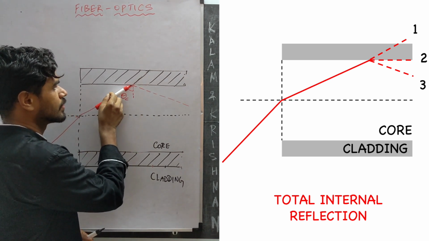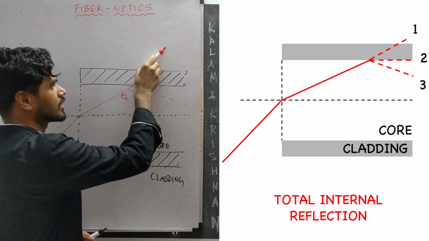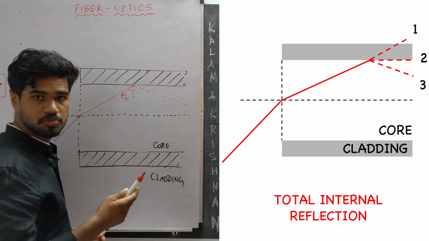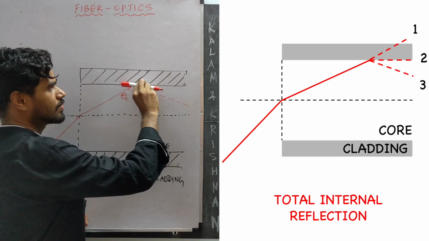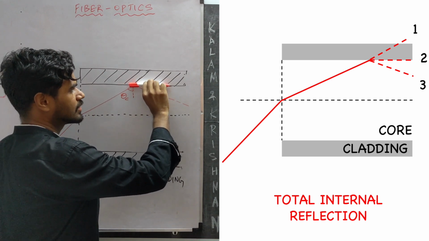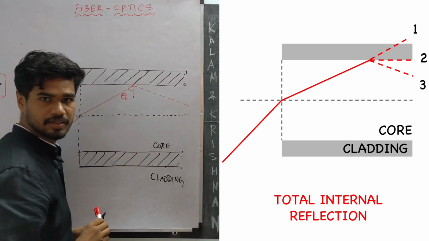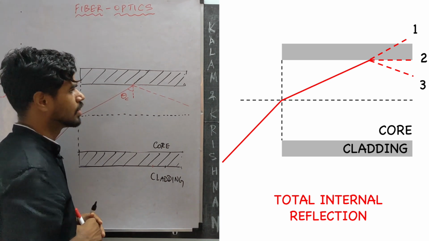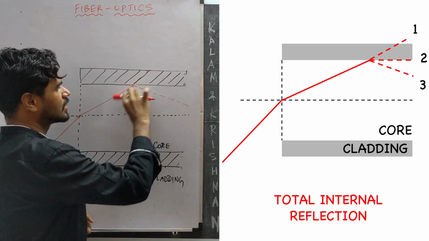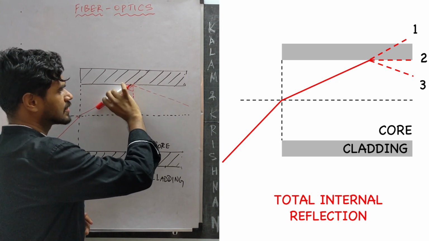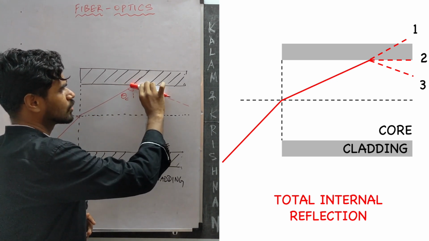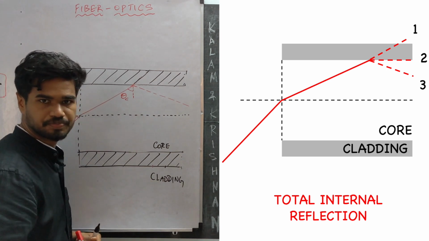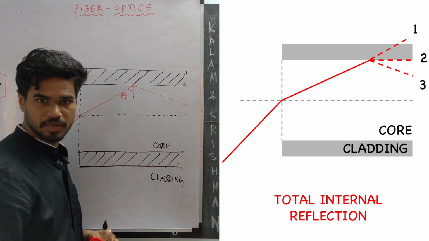The light wave can get refracted through the cladding. The light wave can travel along the interface between the core and the cladding, which will happen at what is known as the critical angle. Or if the angle is much less than the critical angle, it can get totally internally reflected. The three cases are possible.